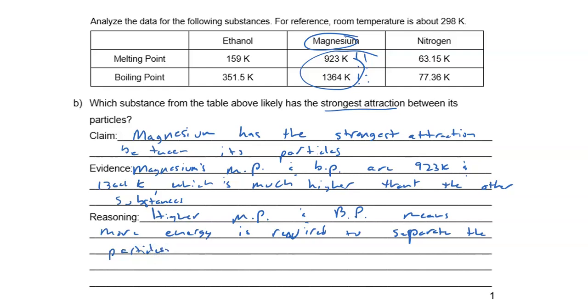Okay? Something like that. Lots of you guys put 2 sentences to elaborate a little bit. But that would be enough for us to be confident that, one, you can interpret the data, right? You can make sense of it in terms of particle drawings, and you can make sense of it in terms of how strongly attracted the individual particles are to each other.